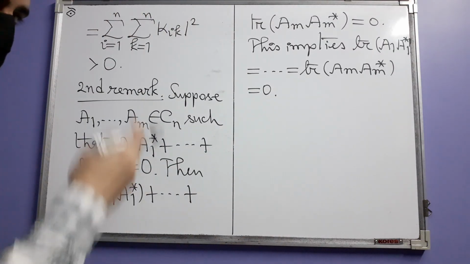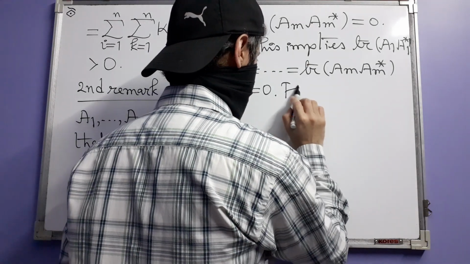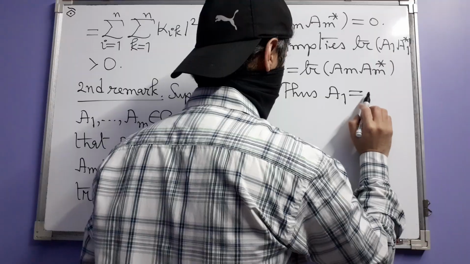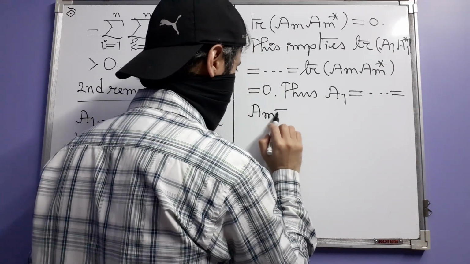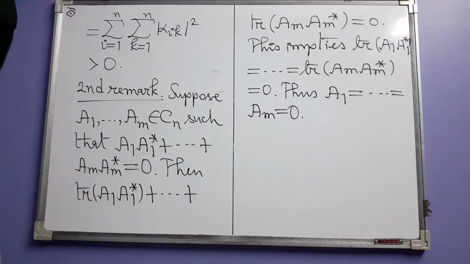But then again, by what we saw in the first remark, each matrix has to be equal to the 0 matrix. Okay, so we can say this.